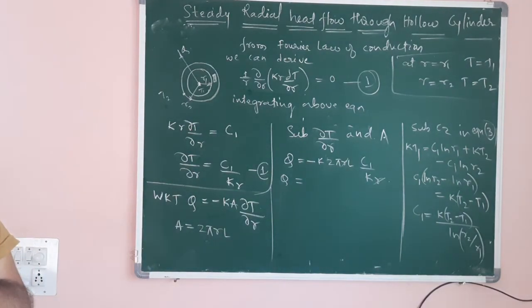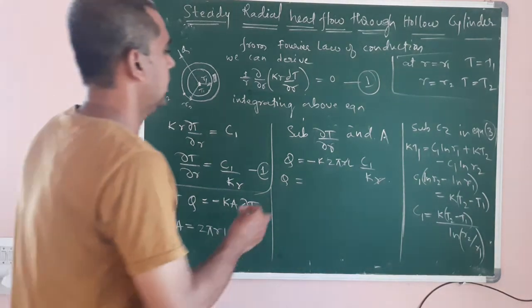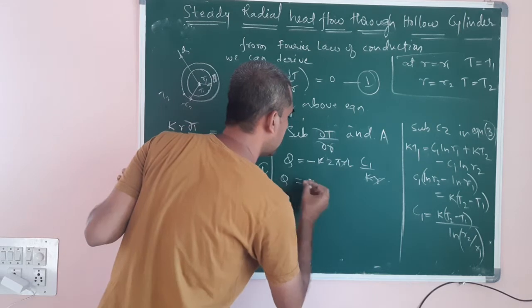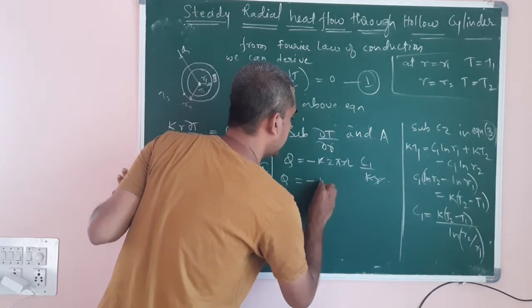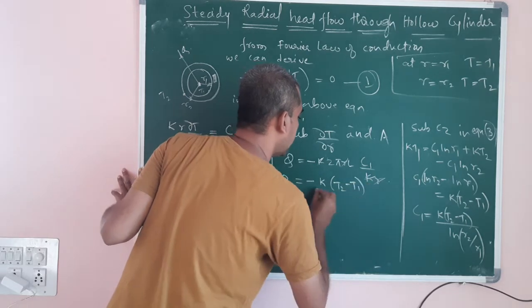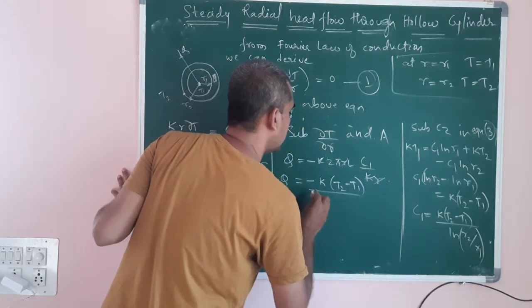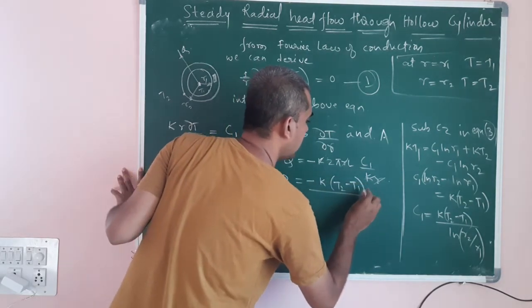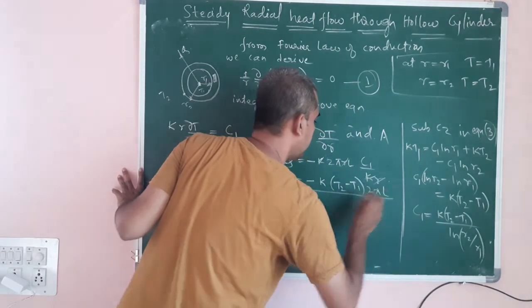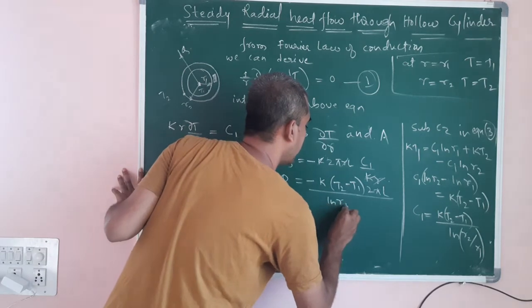This K and this K will also cancel. Therefore, Q is equal to minus K T2 minus T1, into area 2 pi L, divided by ln of R2 by R1.